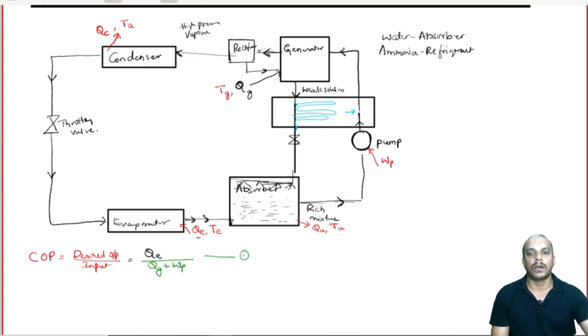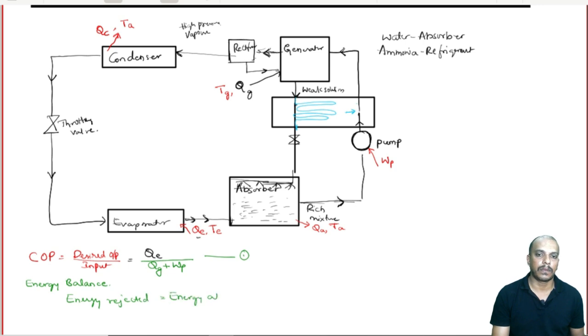Okay. Now let us do the energy balance by looking at the diagram. What is the energy balance here? We have energy rejected must be equal to energy absorbed, or energy given.